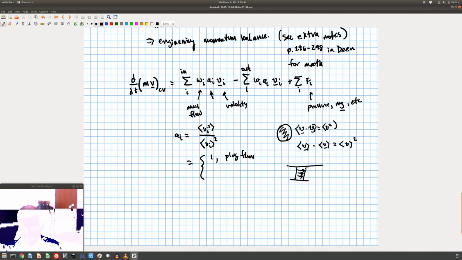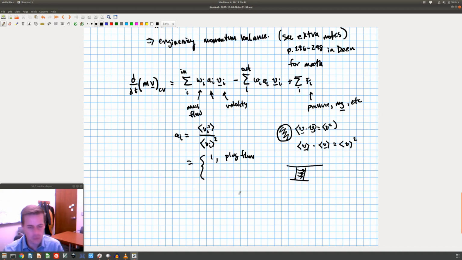So if it's exactly straight plug flow, it's 1. It's almost 1 if it's turbulent. Remember that turbulent flow is very flat and almost like plug flow. So this is 50 over 49. I don't know if that helps any, but 50 over 49 for turbulent.